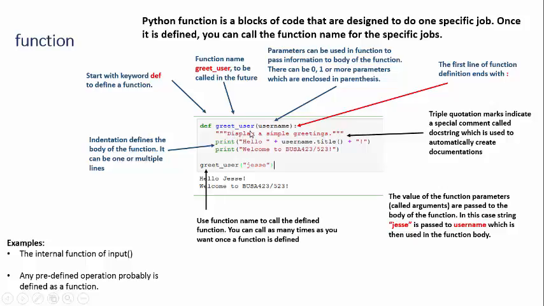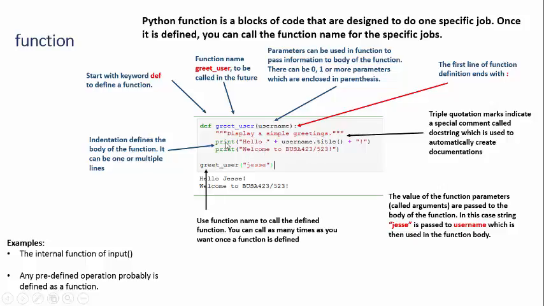This particular simple function displays a simple greeting. And username here is a parameter. When you call the function, you can pass the value through username. Once the parameter is defined in the function, it can be used in the body.